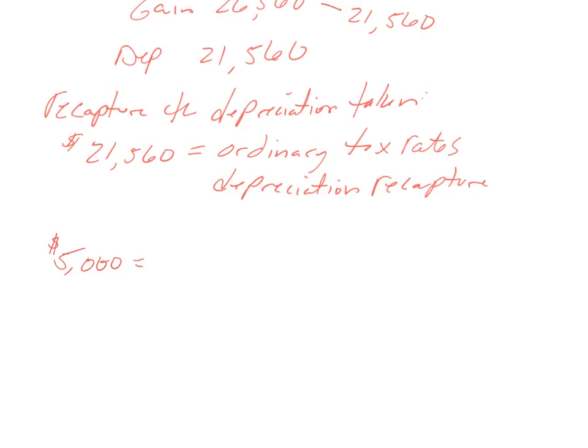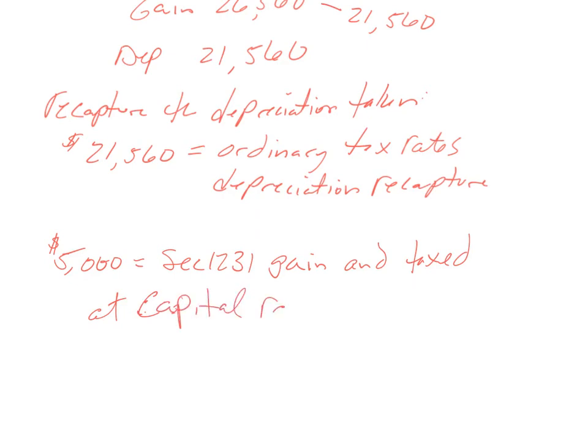So this $5,000 is Section 1231 gain and taxed at capital rates. Okay? So those are your two gain situations.